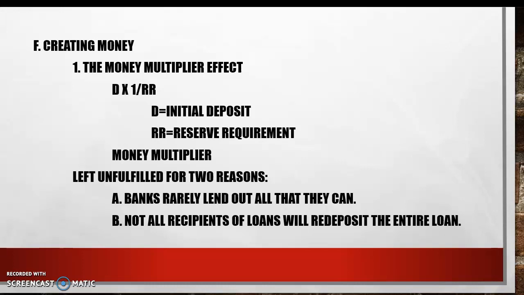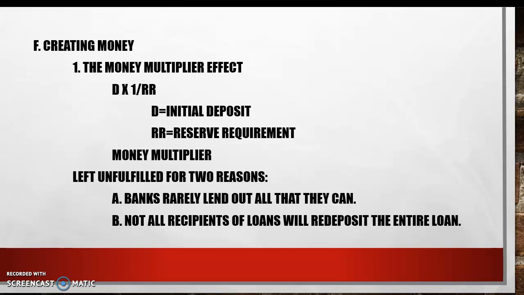Whether they like holding on to cash, like I do, or they distrust banks, like some people do, some people will choose to hold their money in the form of currency as opposed to depositing it into their checking accounts. Such decisions short-circuit the money multiplier, for money that is not redeposited cannot be re-lent.